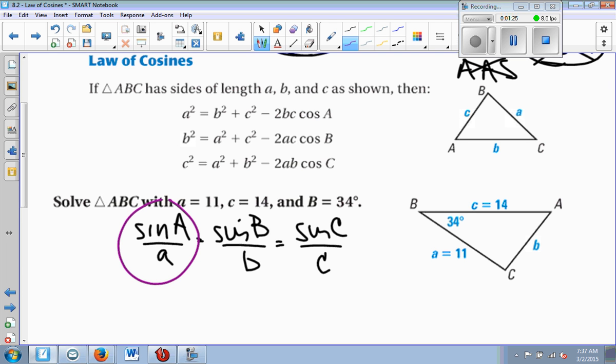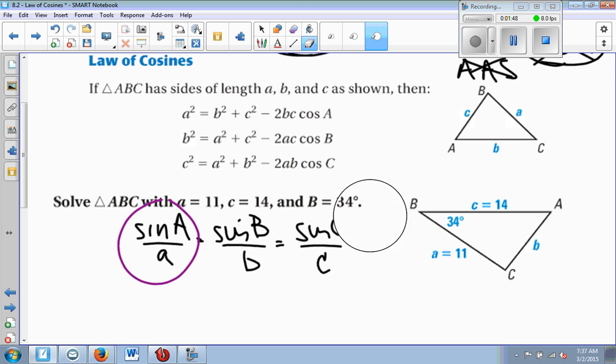So I either need to know both angle A and side A, B and B, C and C. In the case of side angle side or side side side, you don't have both things of the same letter. So law of sines doesn't work because you cannot complete the proportion in order to solve it for one unknown.